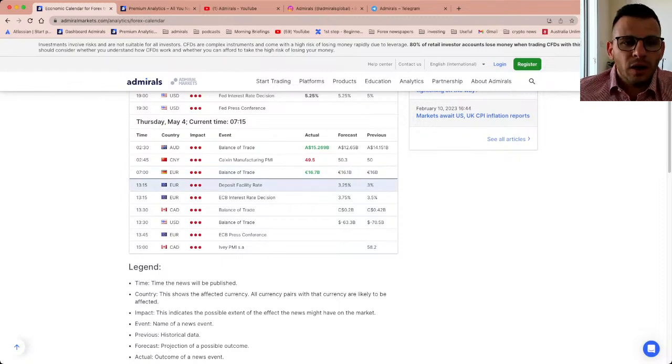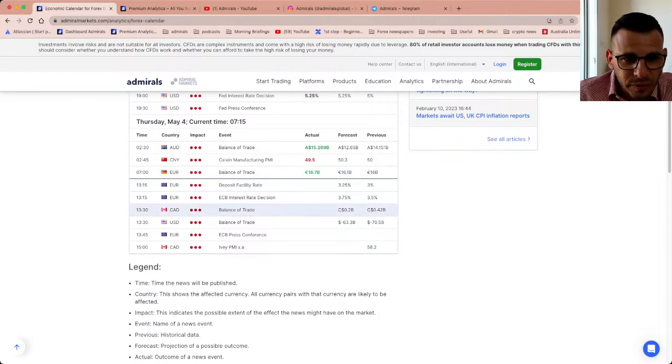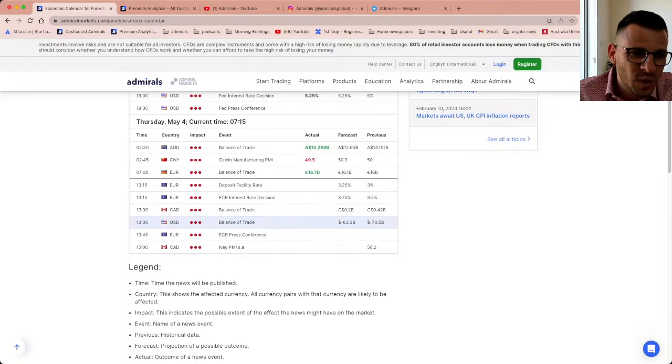30 minutes ago, the trade balance in Germany rose from 16 billion to 16.7 billion, and that's considered really bullish for the euro. Later today, we will have more significant events that will affect the euro, of course, as we can read here.